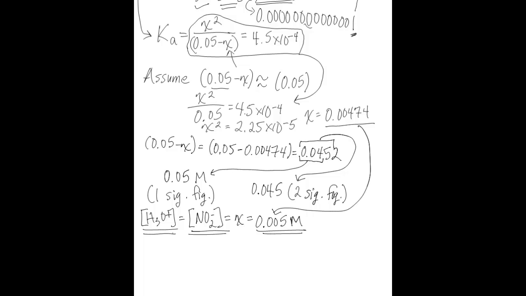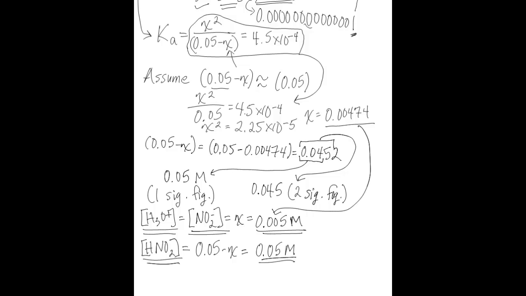Another species we need to solve for is nitrous acid, and we've already done that when we tested our assumption. So the concentration of nitrous acid we designated in our ice table as 0.05 minus x. We already know that subtracting x from that value does not change it. So at equilibrium we have 0.05 molar nitrous acid.